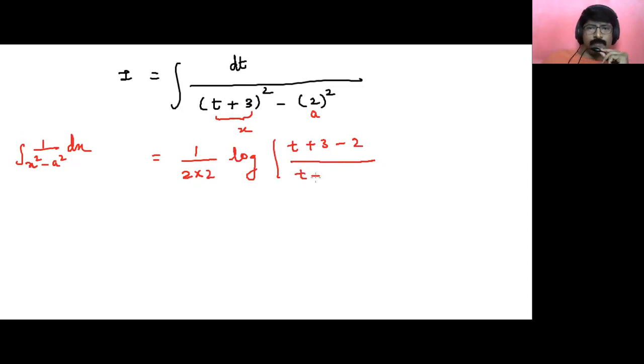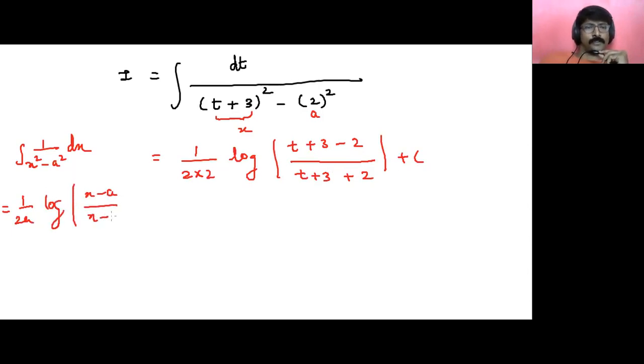So t plus 3 plus a, plus c. What is the formula that I have done? 1 upon 2a log of mod of x minus a upon x plus a. When it is x, so x minus a. And when it is a minus x, the numerator will become a plus x and a minus x, isn't it?